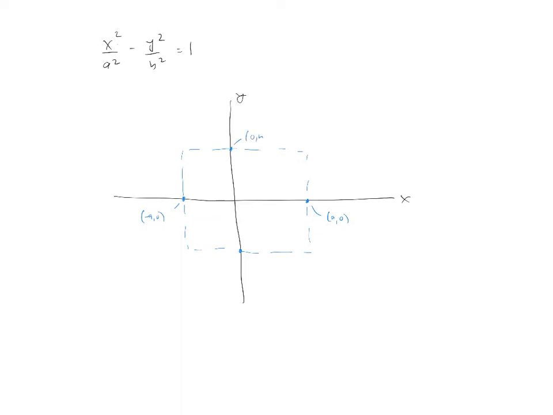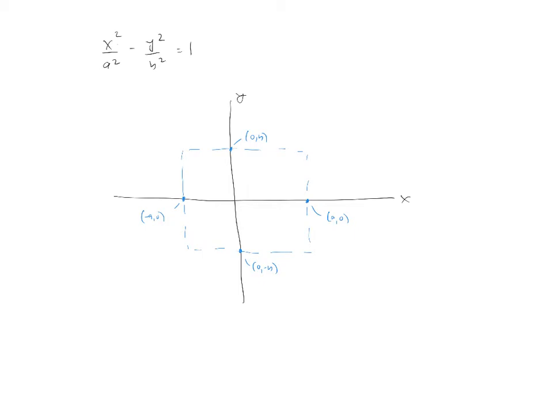We'd have a (0, B), and we'd have a (0, -B). So again, by me labeling them the way I did, I've suggested that A is always associated with the major axis, and therefore A is the distance from the center to the outside of the box along the major axis. B is the distance from the center to the outside of the box along the minor axis. Again, B and the minor axis go hand in hand.